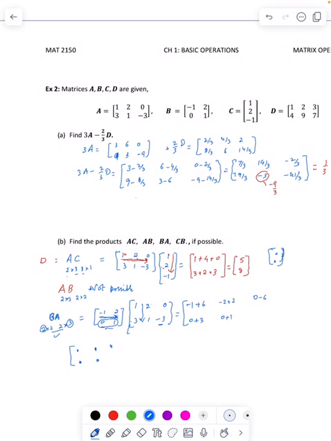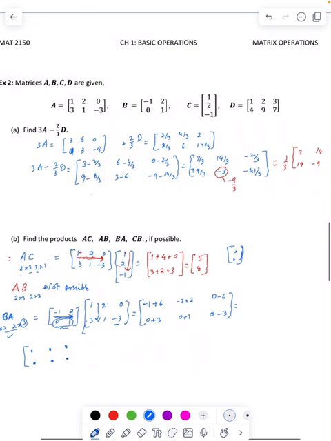And then the second row and the third column, so entry here: 0 times 0 is 0, 1 times negative 3 is negative 3. So the answer is 5, 0, negative 6, and 3, 1, negative 3.